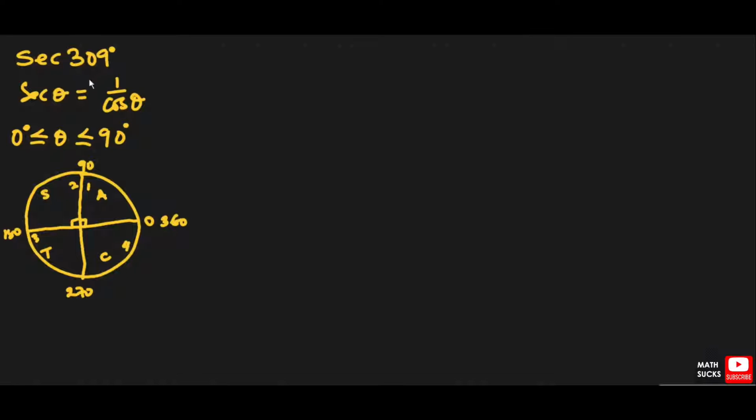So we can see that the angle of interest is less than 360, but at the same time it's more than 270. What does that mean? It simply means that our angle of 309 falls in the fourth quadrant. And so, knowing that sec of 309 is the same as 1 over cosine of 309, and we know that cosine is positive within this quadrant, it means that we are going to come up with a positive ratio.